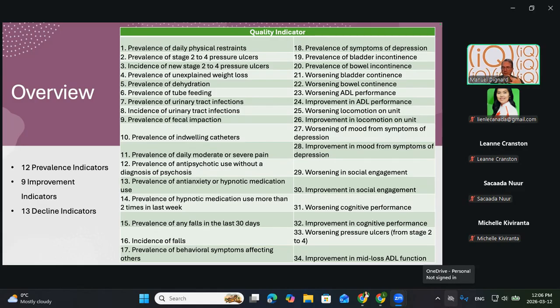We have the 9 improvement indicators that highlight positive changes in resident status. And then we have the 13 decline indicators, which help us flag deterioration in a resident's condition. Each of these indicators gives us a piece of the bigger picture when it comes to monitoring quality in our long-term care.